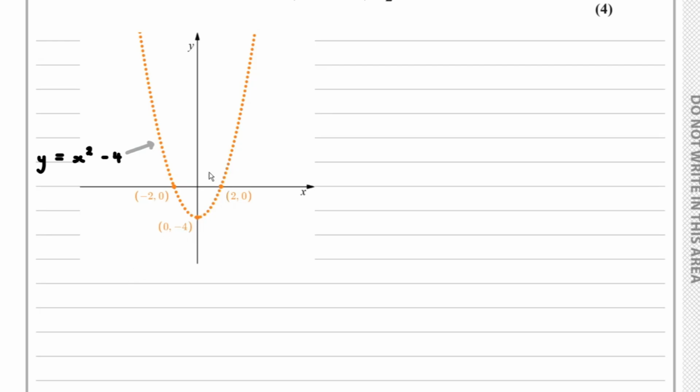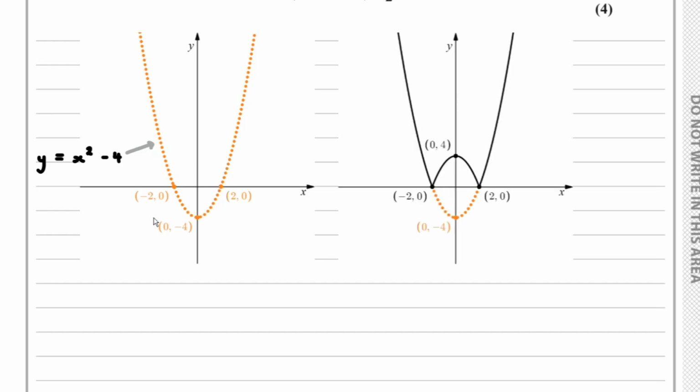Now when we mod this, we have to reflect anything underneath the x-axis in the x-axis, and in doing so we end up with this graph here. So here is the graph of y equals the mod of x squared subtract 4. It crosses the x-axis at negative 2, 0 and 2, 0, and it crosses the y-axis at 0, 4.